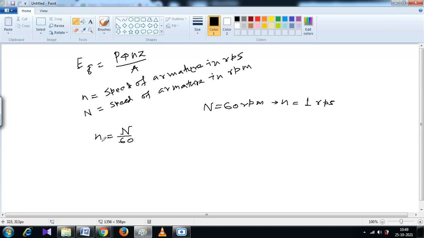So the relation is small n is equal to capital N by 60. So we can now write the induced EMF equation as P phi capital N Z by 60A.